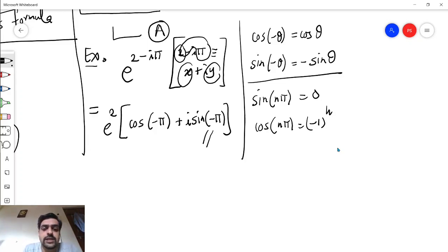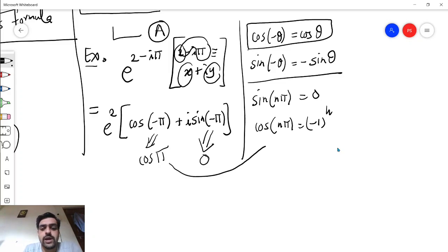So clearly sin of any integral multiple of pi is going to be 0, and this is going to be cos pi, since cos of minus theta is same as cos theta, and cos pi will be minus 1 raised to 1, which is minus 1.